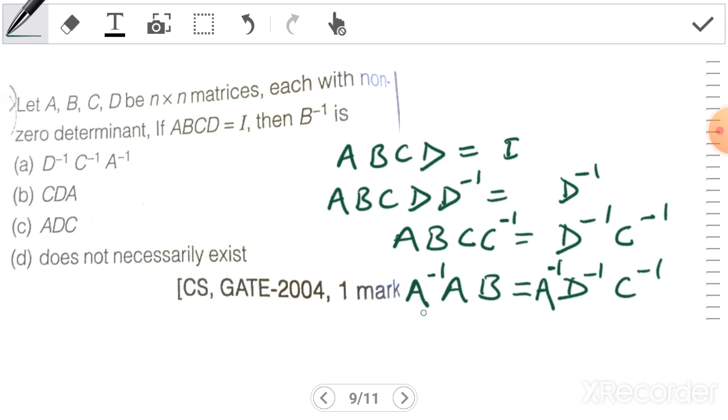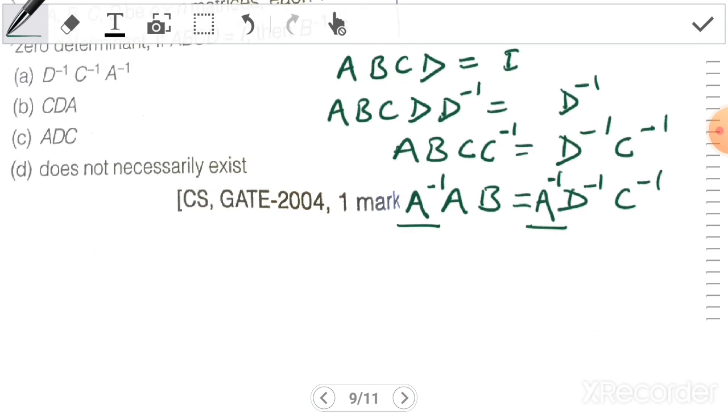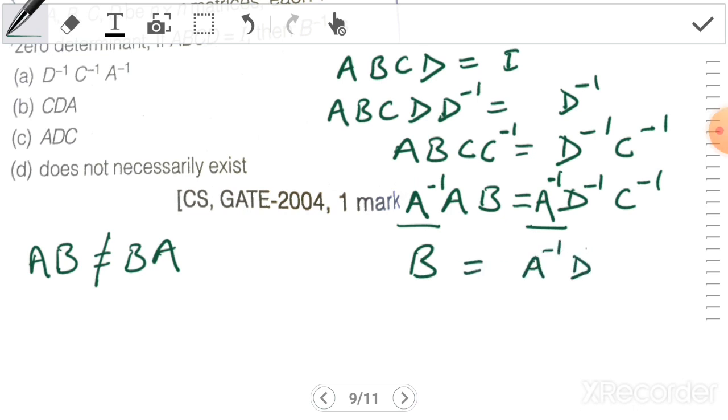Because matrix multiplication is not commutative, meaning A into B is not equal to B into A. So now we are left with B is equal to A inverse, D inverse and C inverse. So we have to find B inverse.